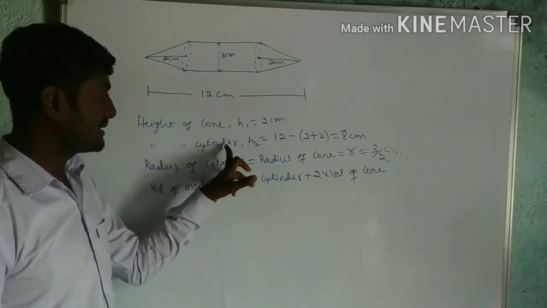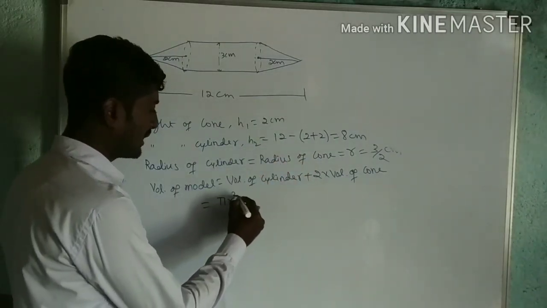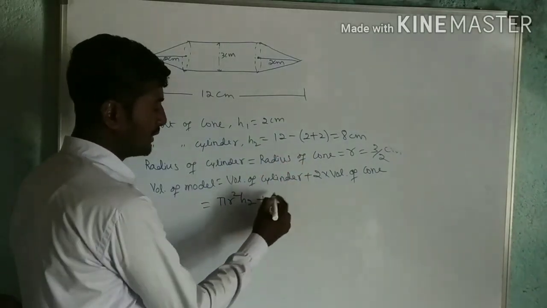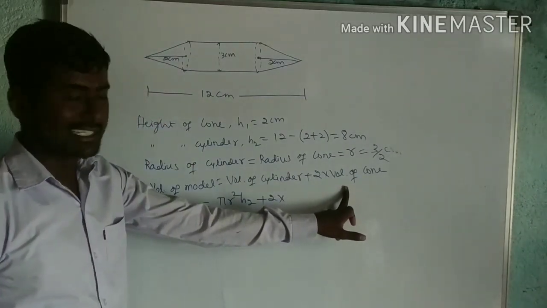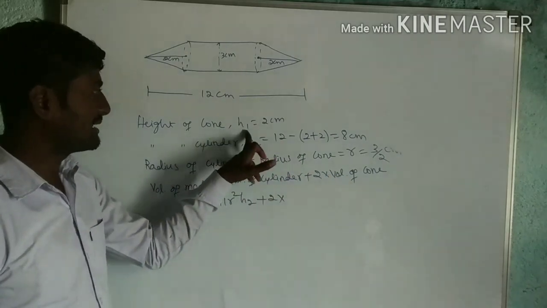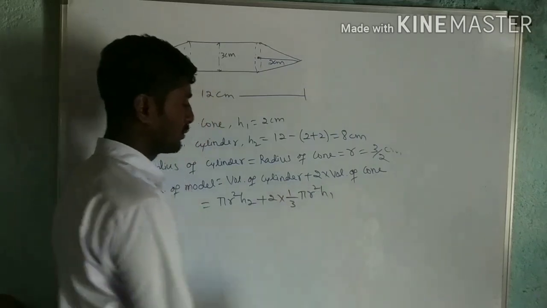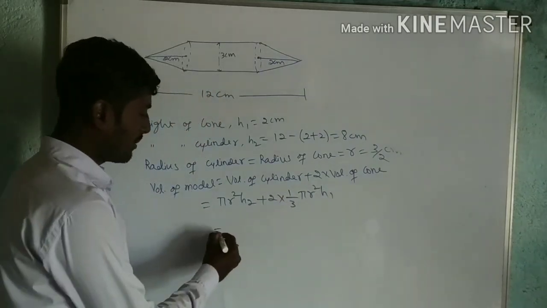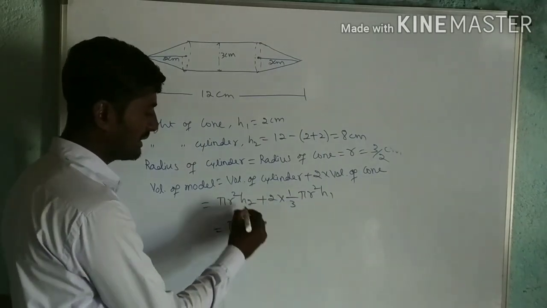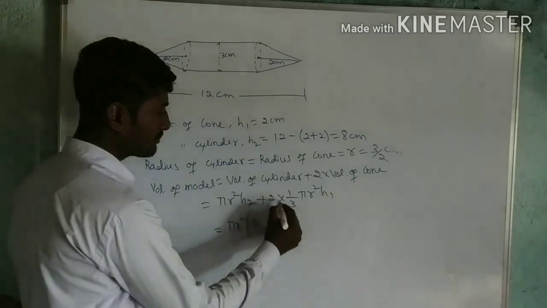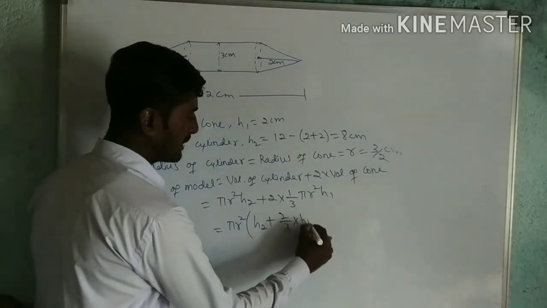Here h means the height of cylinder, which I have taken as h2. That is pi r square h2 plus 2 into volume of cone, that is 1 by 3 pi r square h, where the height of cone I have taken as h1. Now let us take common pi r square outside: h2 plus 2 divided by 3 into h1 remains.